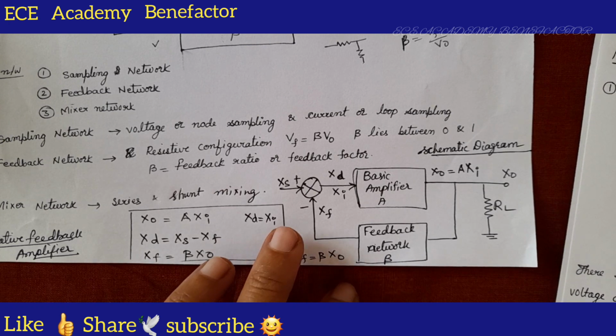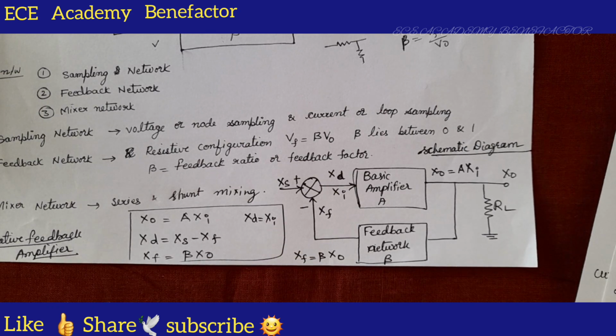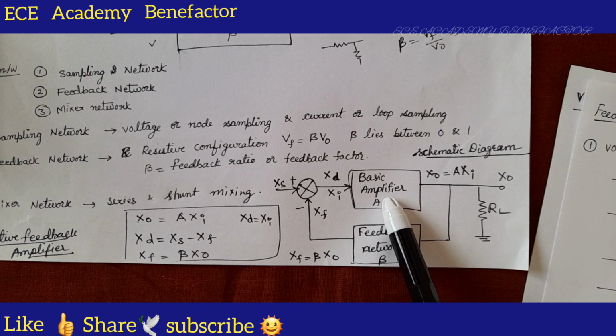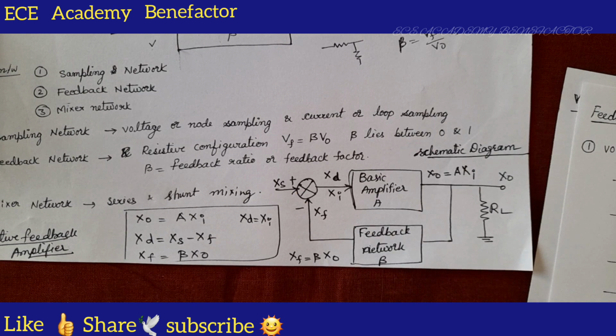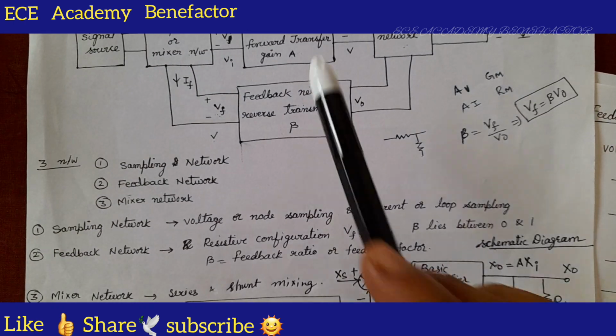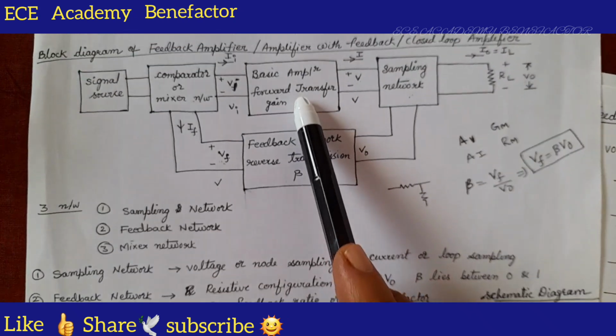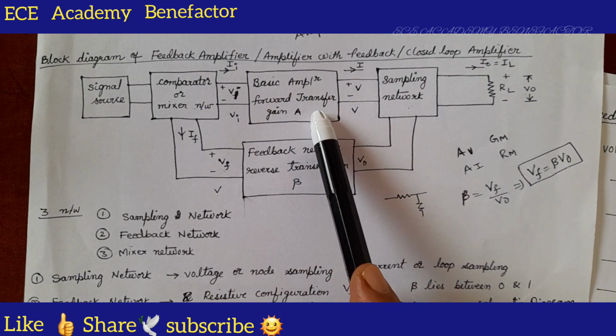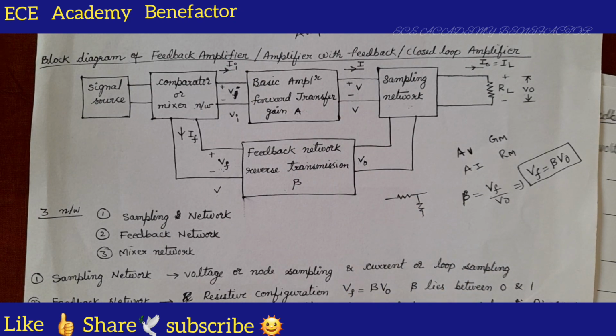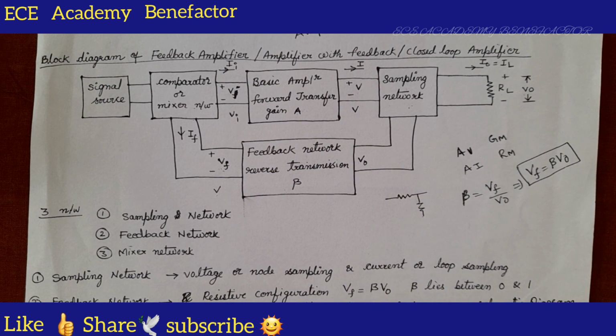Before going to sampler and mixer network, we know these basic amplifiers are of 4 types. What are those 4 basic amplifiers? Voltage amplifier, current amplifier, trans resistance amplifier, and trans conductance amplifier, which we have completed in our previous video.